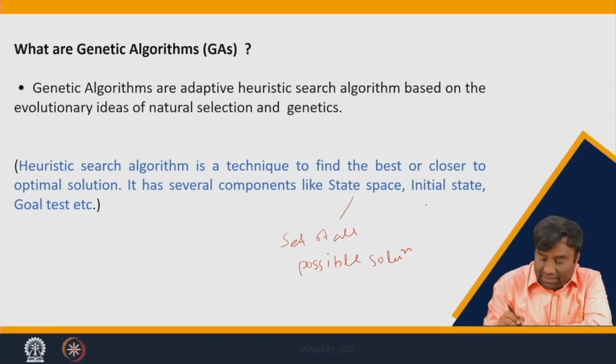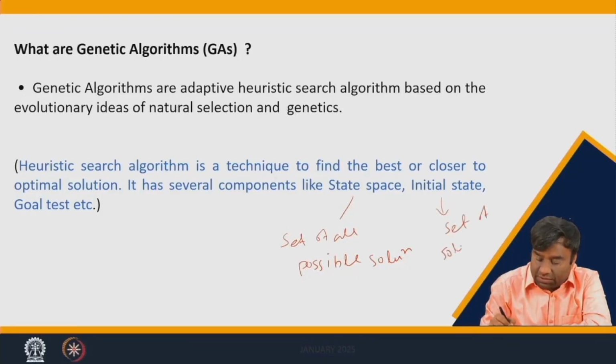Initial state means the set of solutions which are going to be considered at the initial stage, that is, at t equal to 0.